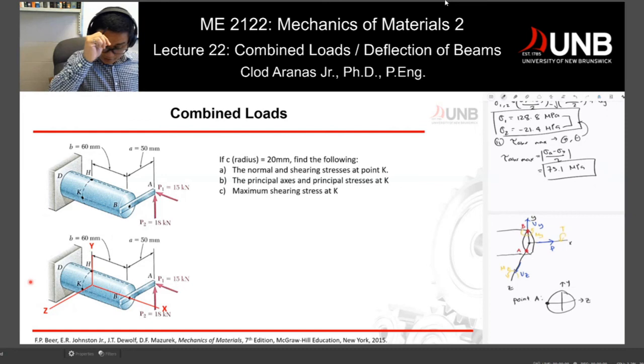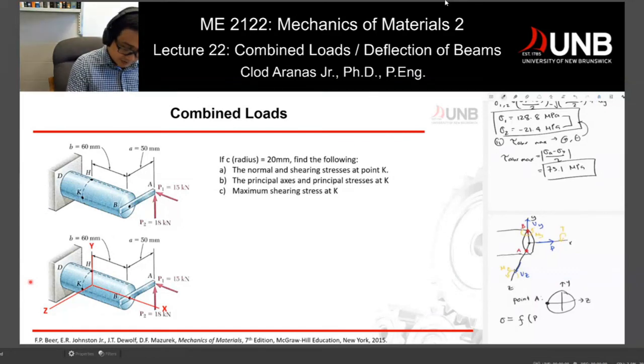Now, looking at point A, imagine the effect in normal stress. Normal stress is a function of your P. So P affects the normal stress at point A. How about the other forces?